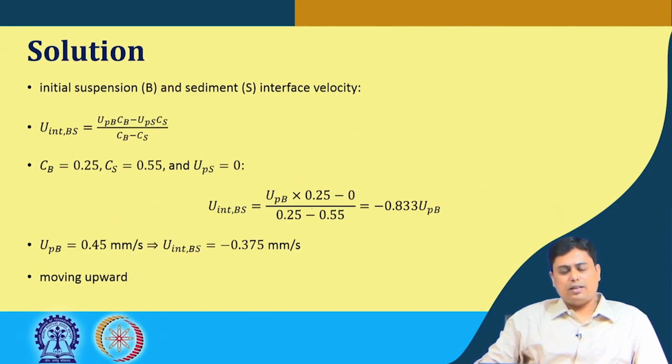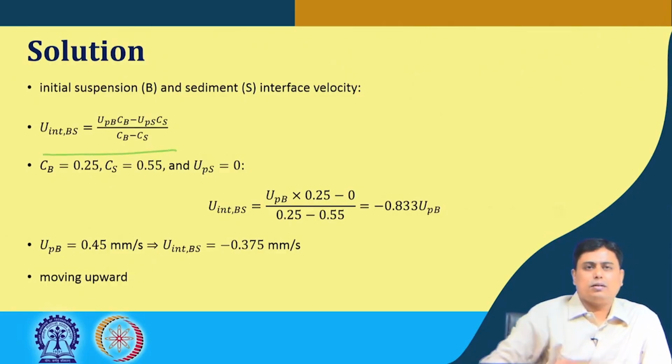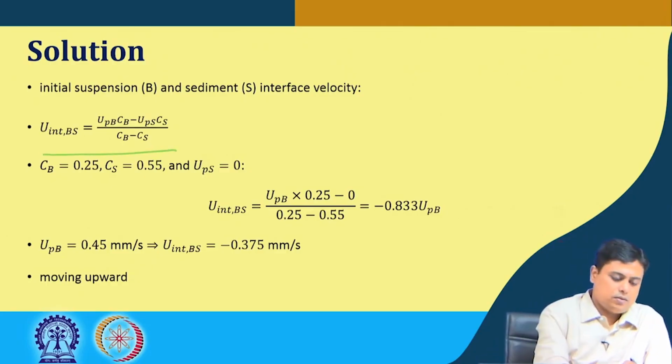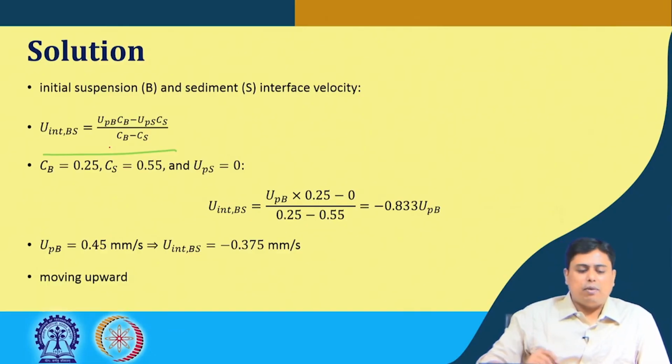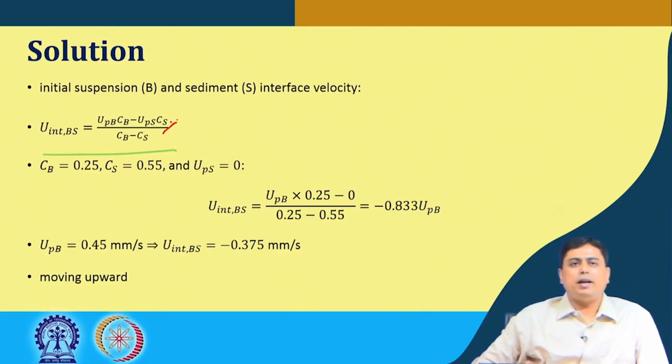The initial suspension and sedimentation interface velocity, similar to the previous one, we can write this expression. That is UPB multiplied by CB, and UPS multiplied by the concentration of the sediment.